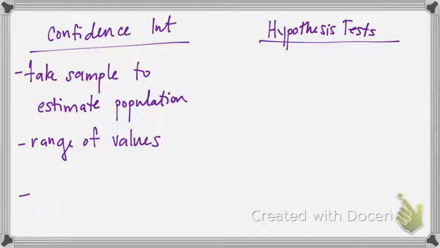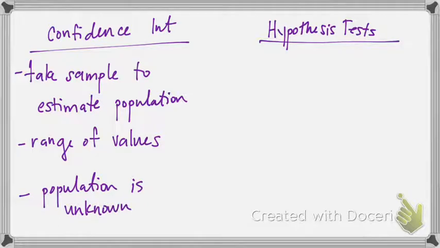The main point of a confidence interval is that your population average or number is unknown. We don't know it. That's what we're trying to find out. We don't know it, but we're trying to find it out. A hypothesis test is kind of backwards.